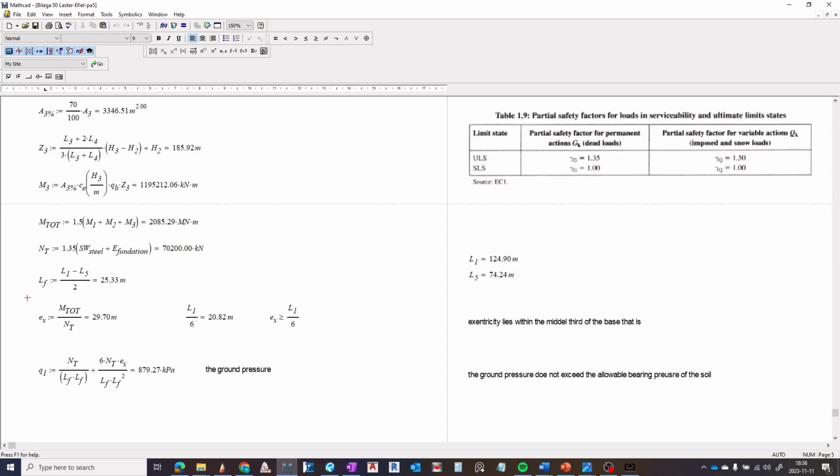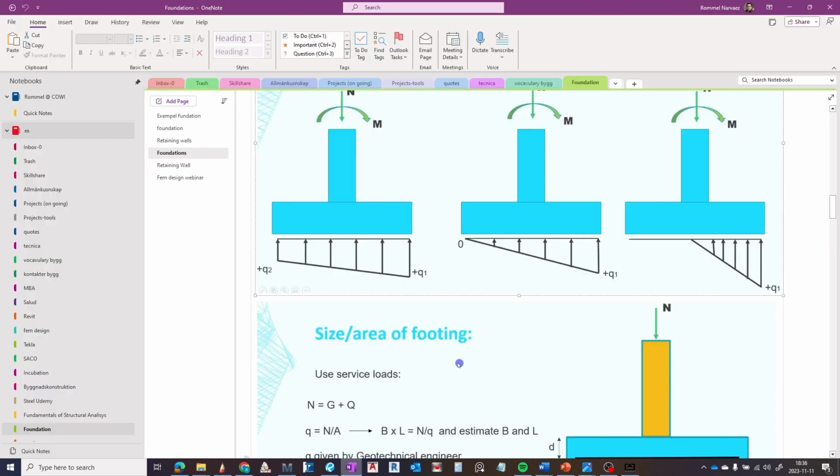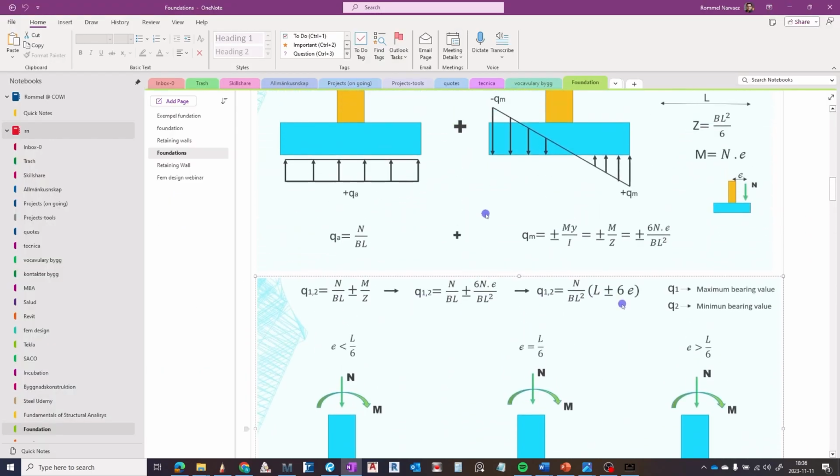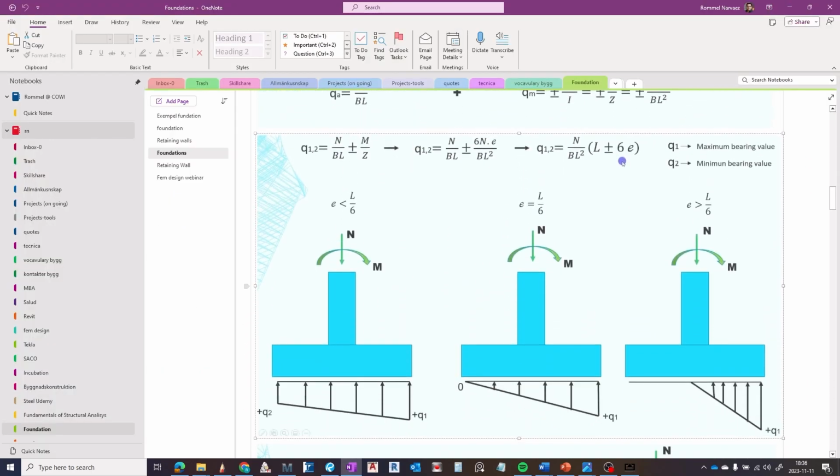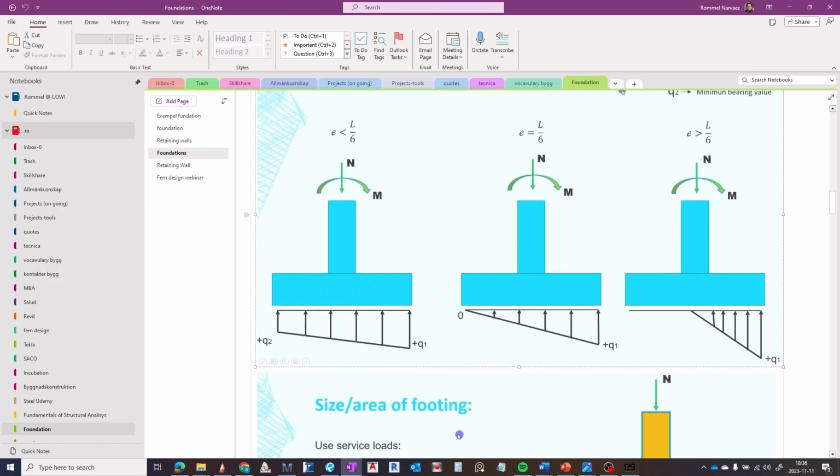and this is bigger than the total length of the foundation divided by 6. In that case, you use the formula here, which is that one. Only the pressure of the soil is like QA1.